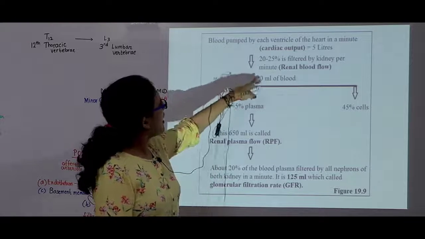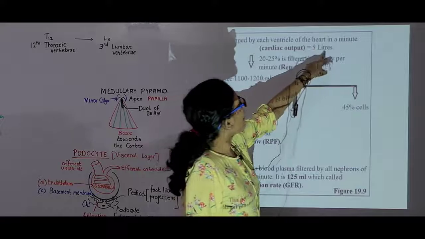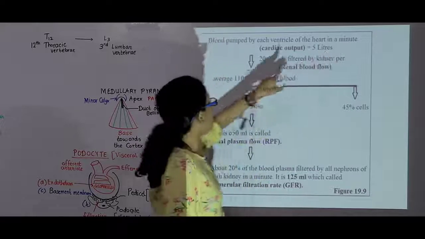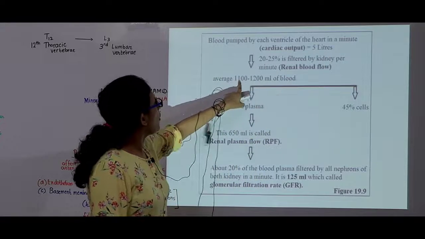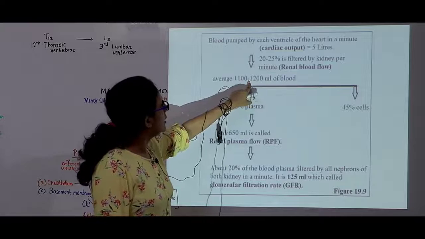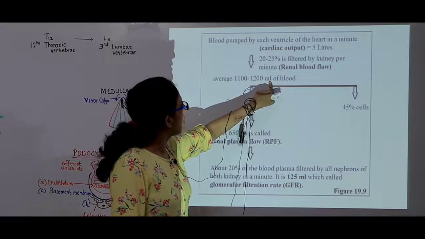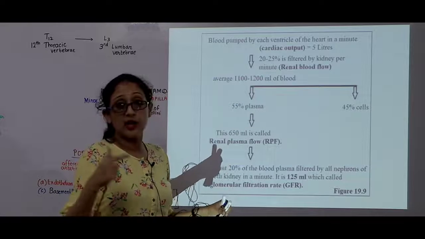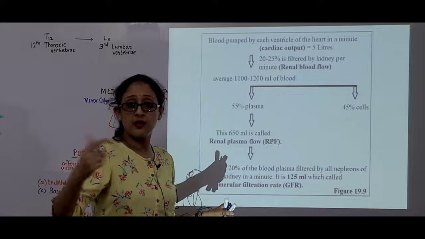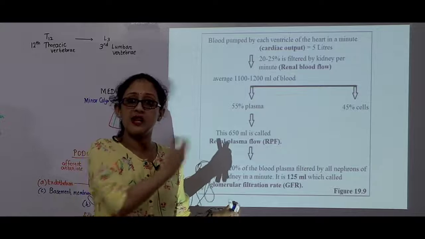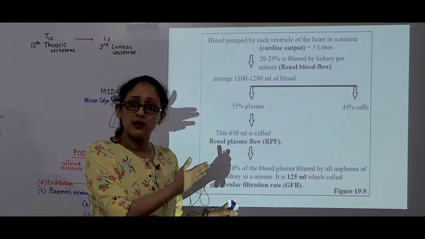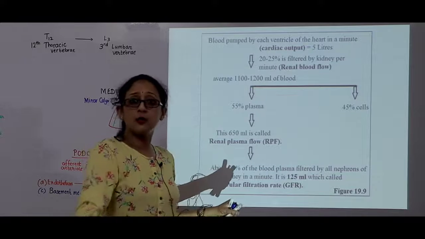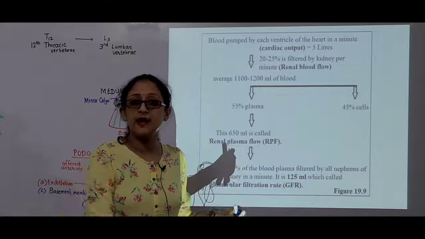So, if you consider from 5000 ml, on an average, around 1100 to 1200 ml of blood is filtered per minute. We are talking about everything that occurs per minute. So, 5 liters of blood comes out of the heart per minute, and out of that 20 to 25% is filtered by the kidneys.